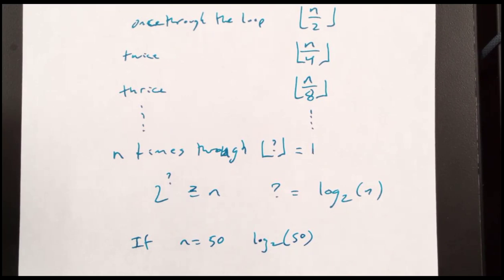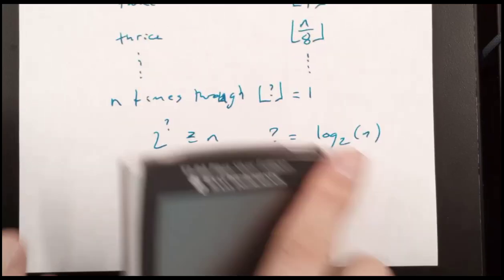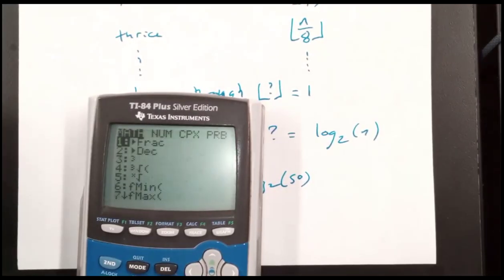One of those requires you to know a formula. How do I get this number? Log base 2 of 50. The math button. That's the one that doesn't require me to know a formula. There's a log base button.